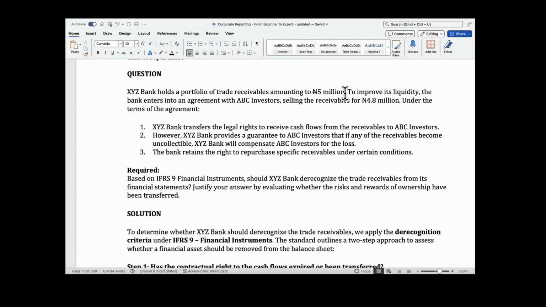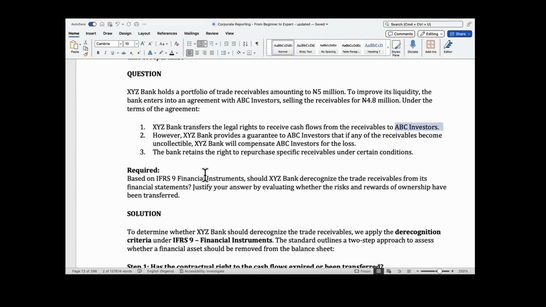To improve its liquidity, the bank enters into an agreement with ABC investors, selling the receivable for 4.8 million under the terms of the agreement. Number one, XYZ Bank transfers the legal right to receive cash from the receivable to ABC investors.